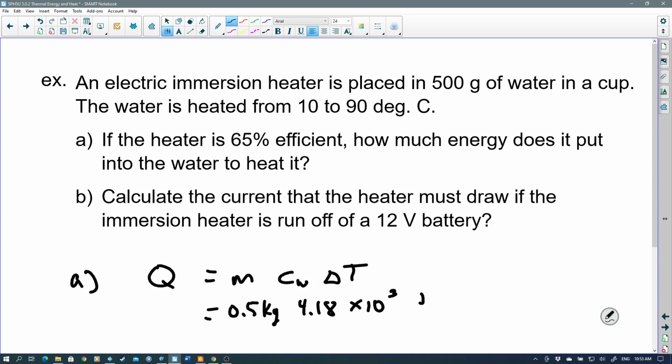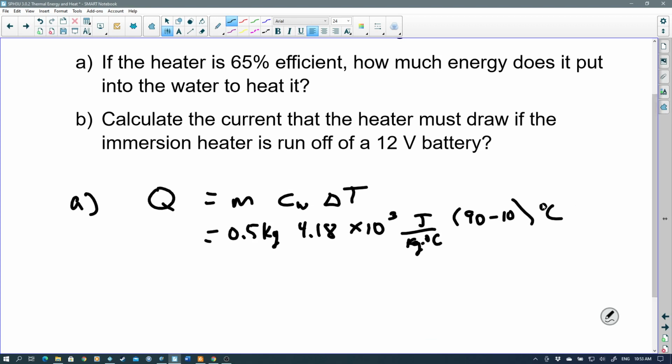And there's our joules per kilogram degrees Celsius. And then our change in temperature is 90 minus 10. I'll write it out fully here so you can see that. Once again, degrees Celsius are going to cancel out, kilograms are going to cancel out, and we're left with just joules here. Now 90 minus 10 is just 80.